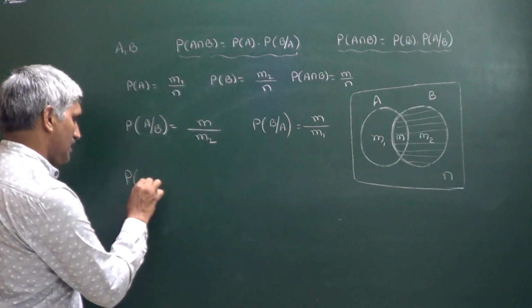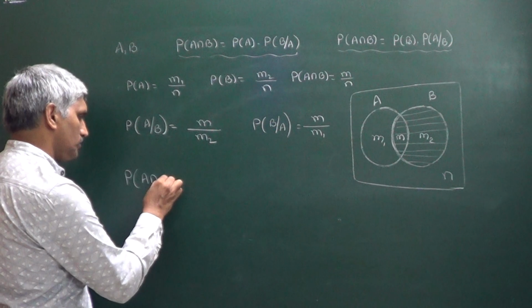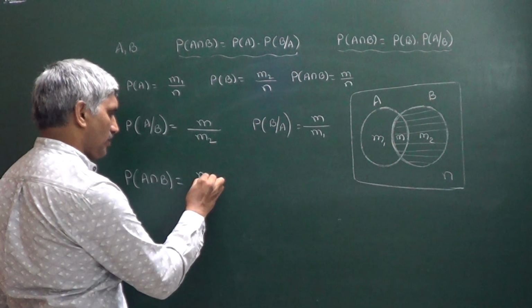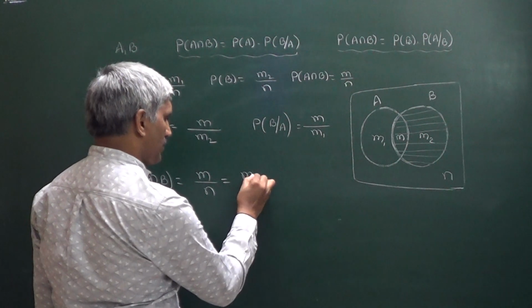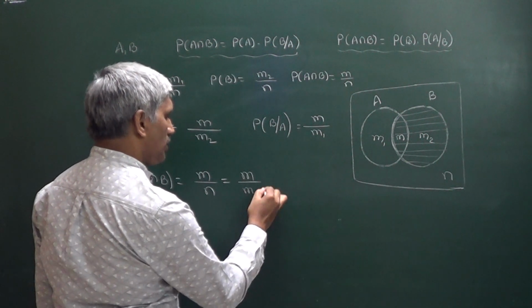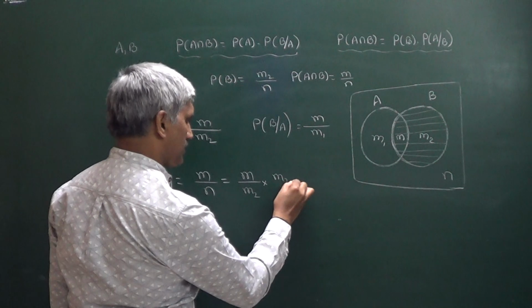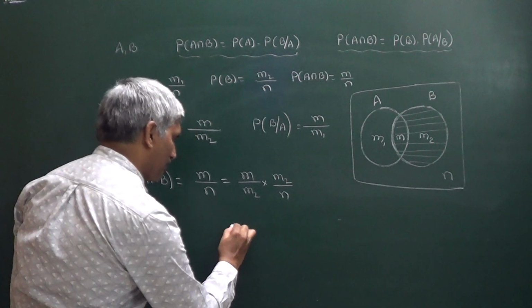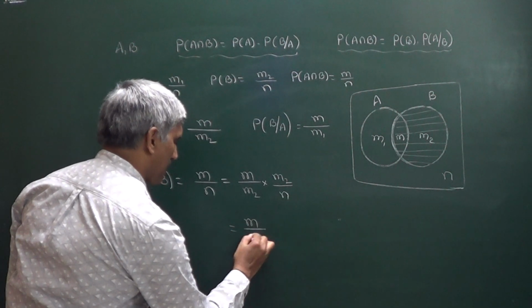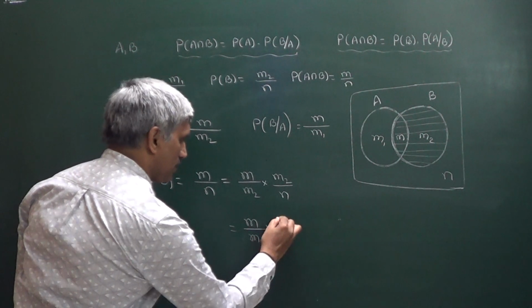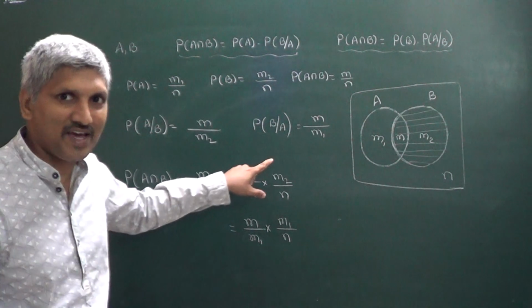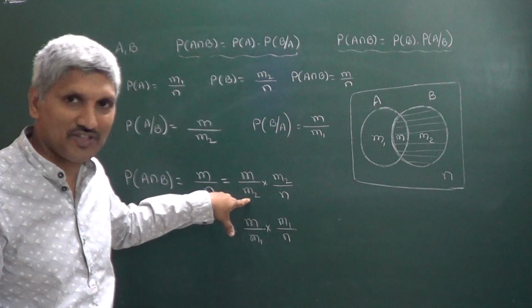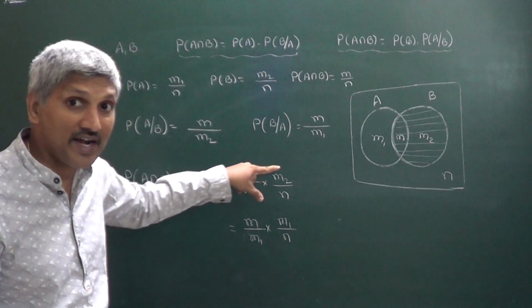Now P of A intersection B is equal to M divided by N. That we can write as M divided by M2 into M2 by N, right? Or we can write M divided by M1 into M1 by N. What we are doing? Multiplying and dividing with M2.